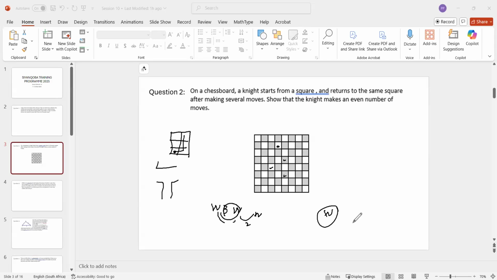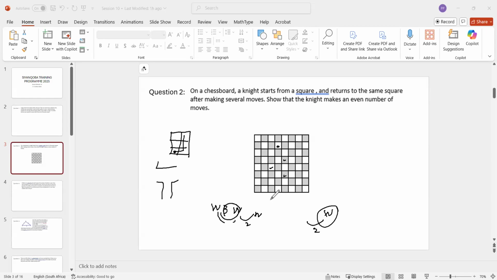And there it lands here. So at some point or the other, it comes back to its white after 2 moves. So you can see it's going to make an even number of moves. The argument is that it comes back to the same color. It need not be white, but it could be black.